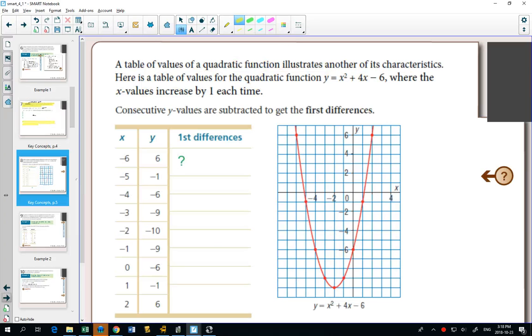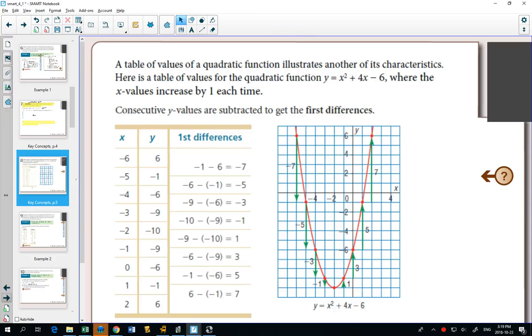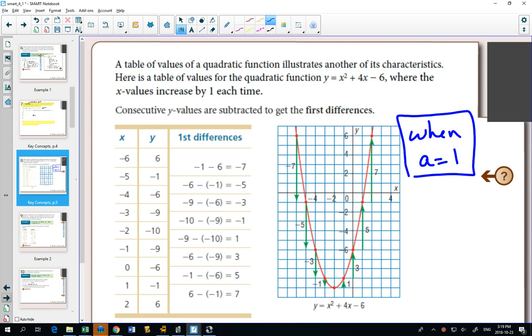All right, so if you turn to the next page, there's a pattern that happens with every parabola. And off to the side here, I want you to write when the number in front of x squared is a 1.